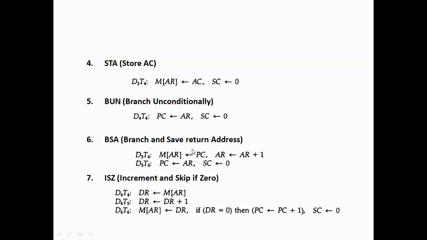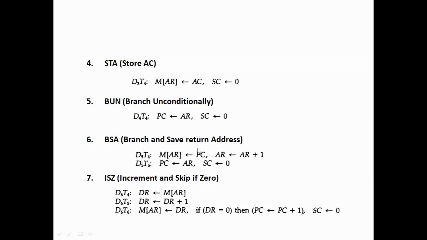That is why we need to save the return address. This type of branching is usually found in programming where we use procedures. So from one function, we just call a procedure. The procedure is executed, then we return back to the calling function, to the next instruction in the calling function. So this is what we call branch.